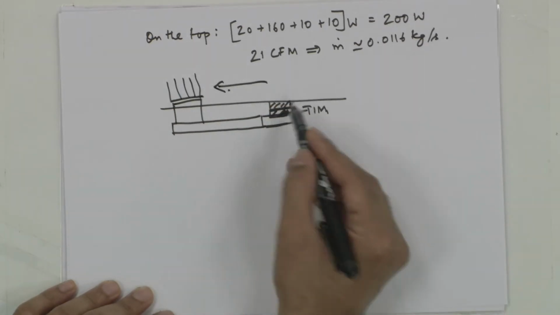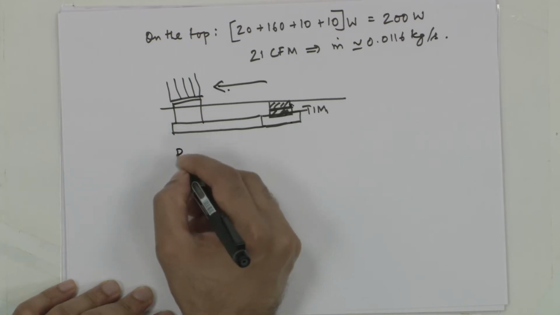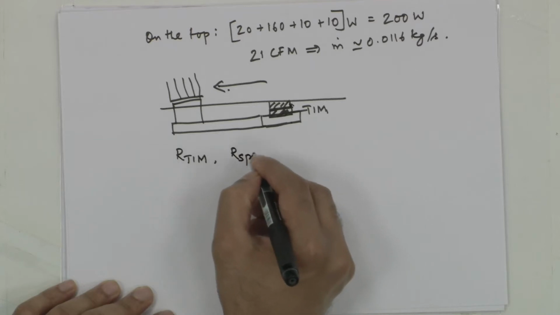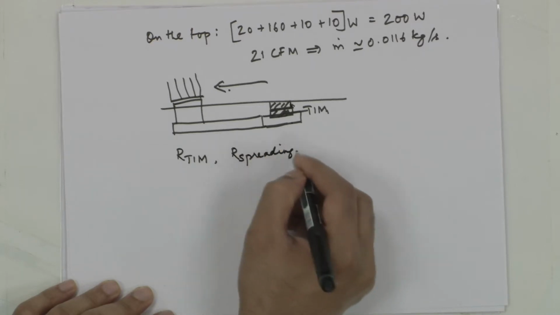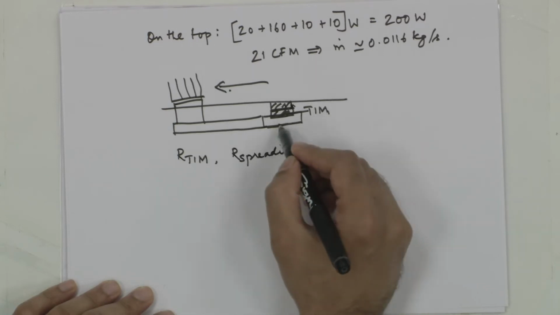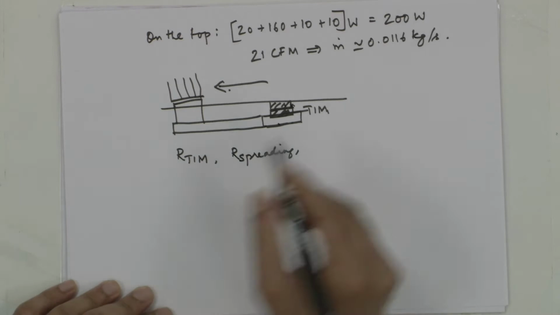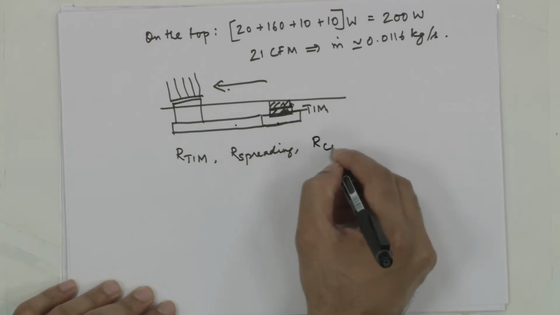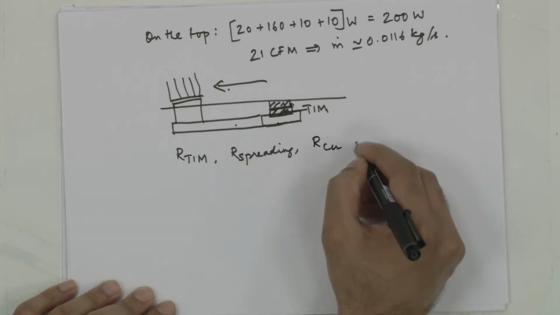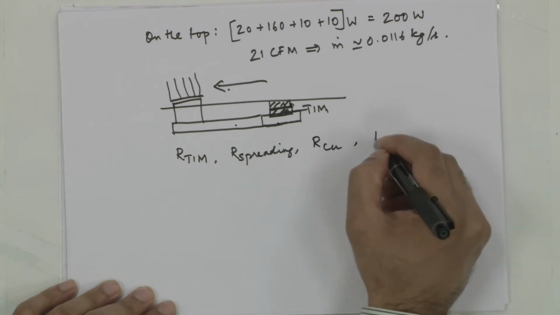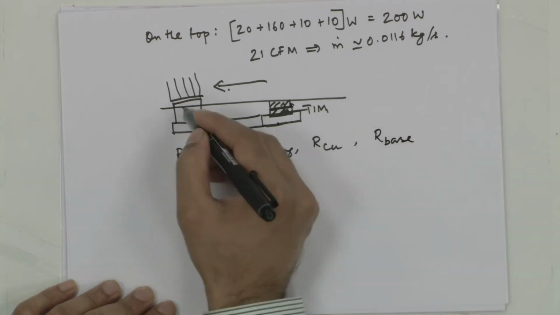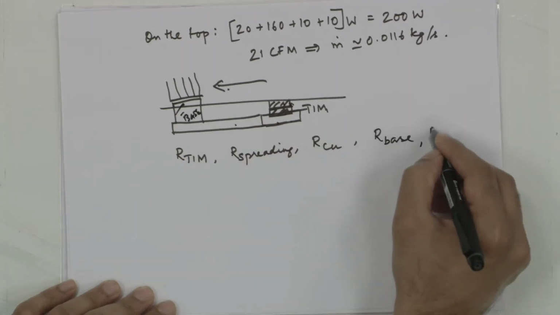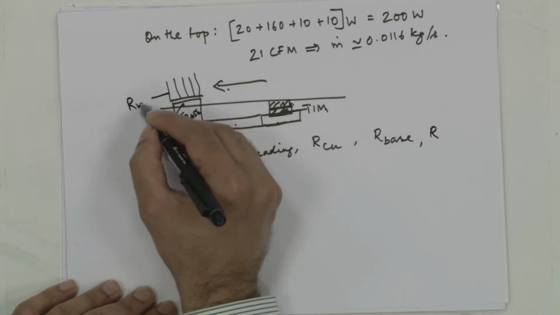So, one has to account for the TIM resistance, the spreading resistance from a smaller heat source to a larger copper plate, the bulk copper conductivity, the base thermal conductivity of the heat sink, and then the convective resistance of the heat sink itself.